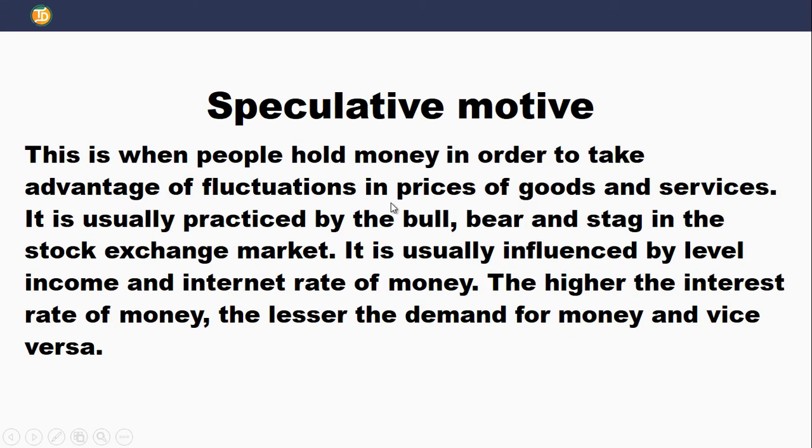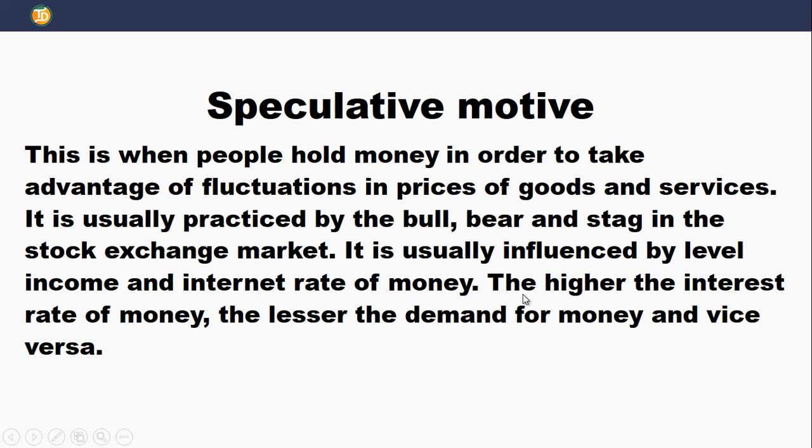The last motive of holding money is the speculative motive. Speculative motive is when people hold money in order to take advantage of fluctuations in prices of goods and services. An example of this are the bull, bear, and stag in the stock exchange market.